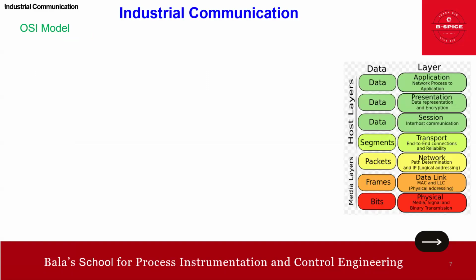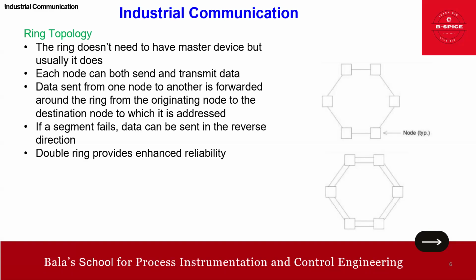Before going into the OSI model, I also want to give you some concepts related to this communication. As you know, friends, most networks have a central computer known as a server.